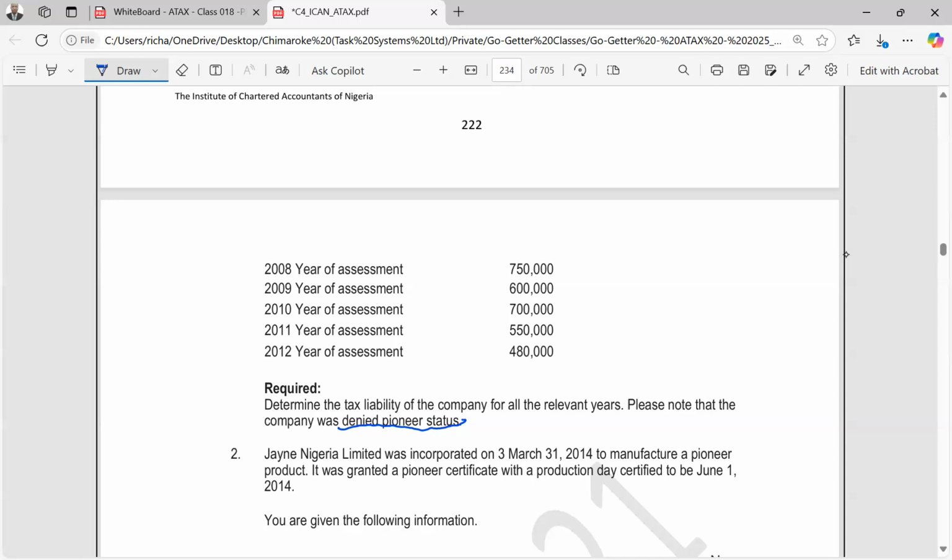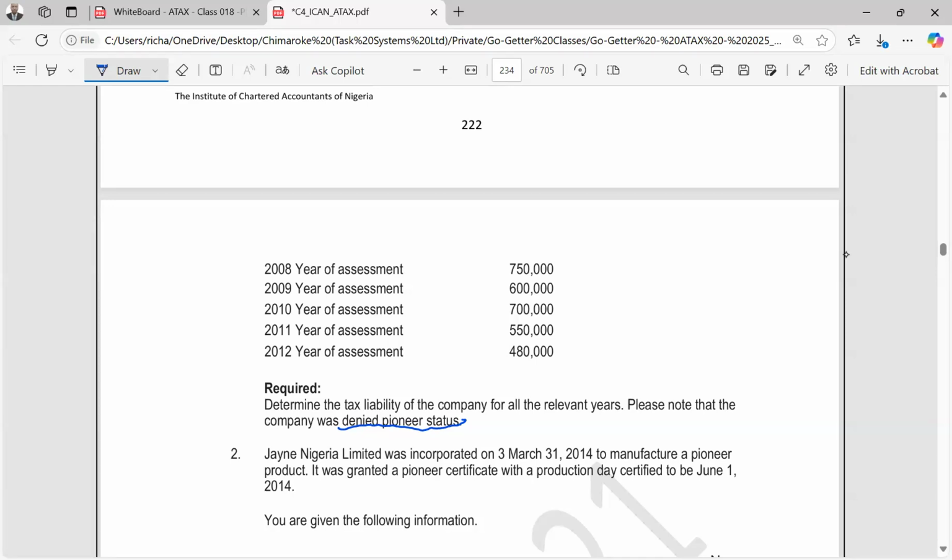But if the company had enjoyed over 1 year of pioneer status before it was cancelled, we know the cancellation is deemed to have occurred at the last anniversary. Now, in this case here, the company was denied pioneer status. So it means they have applied, but it never enjoyed pioneer status.